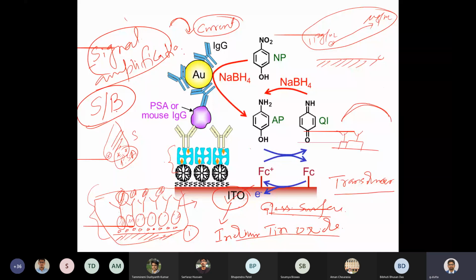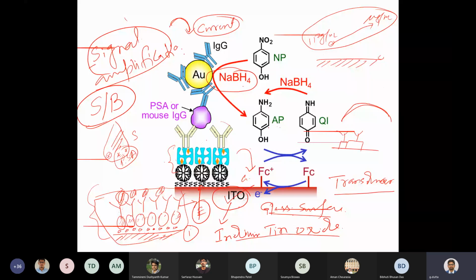When you immobilize some linker, protein or antibody on the surface, you will get some background current. When you apply some input, like a potential, you will get an output in the form of current or charge in your device. Because of this kind of material, we will use some reagents, some chemicals. Here you can see NaBH4, sodium borohydride.